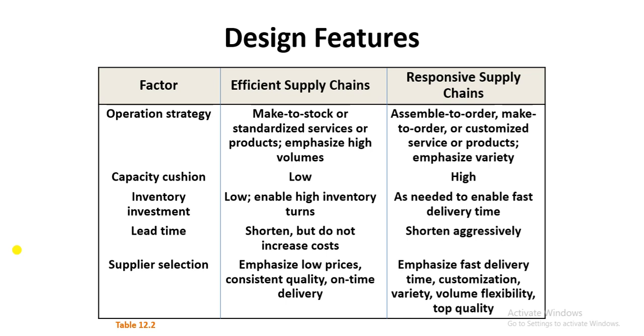So the first factor is called the operations strategy, and in the efficient supply chains, our strategy would be make to stock, which is being used for the inventory strategy.